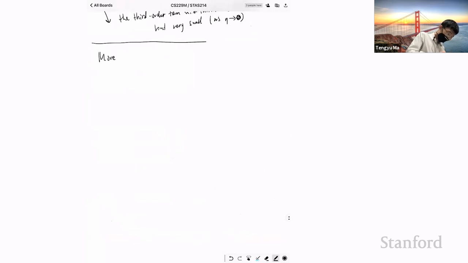So the more complex case. I'm writing too fast, it's too cursory, I guess. With stronger implicit regularization.